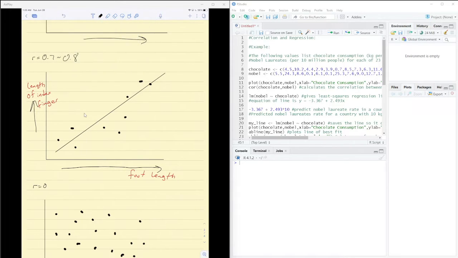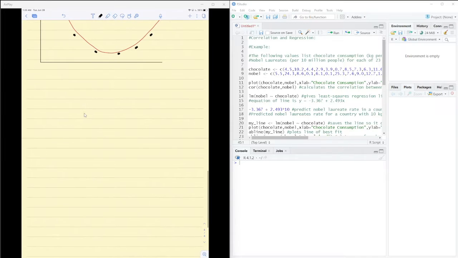The popular phrase is correlation does not imply causation.